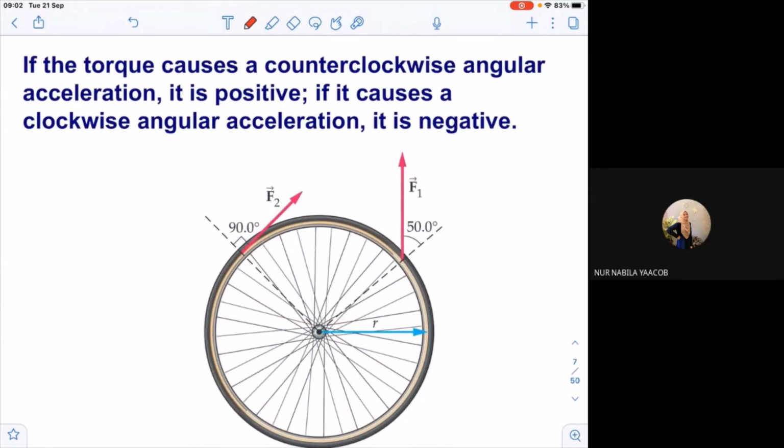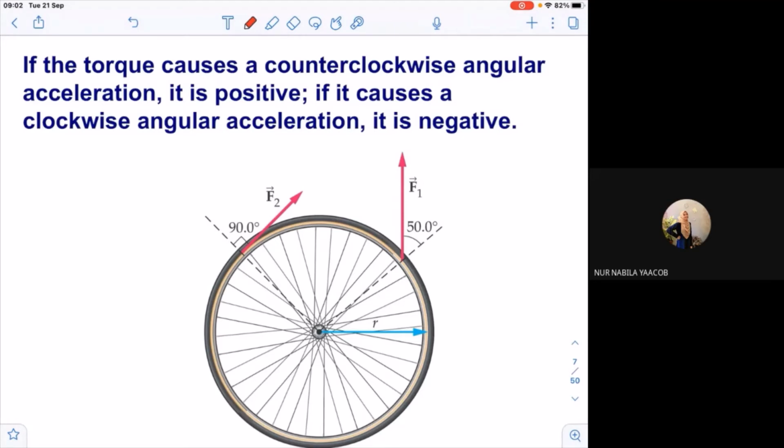If the torque causes a counterclockwise angular acceleration, it gives a positive value, while if the angular acceleration is clockwise, then it becomes negative.